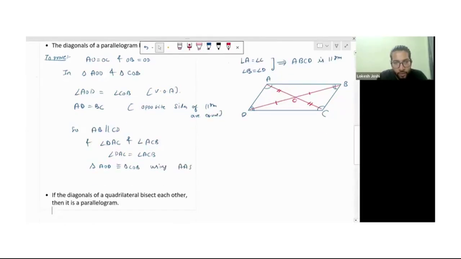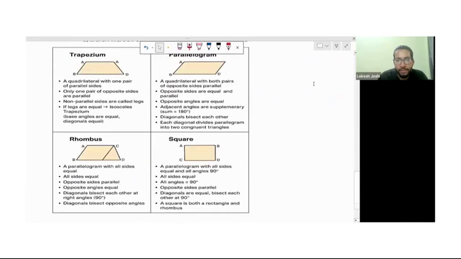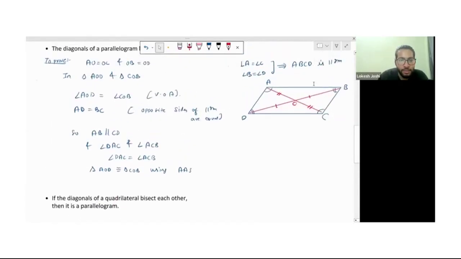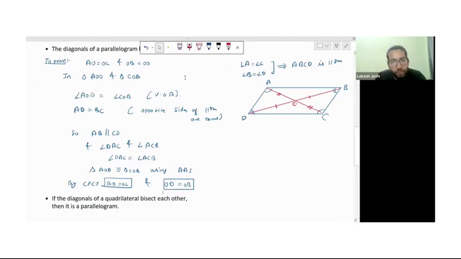So now we can say that as these triangles are congruent, by CPCT their corresponding sides are also equal. So AO is equal to OC and OD is equal to OB. Okay, that's the thing there. So it's proved for this property.